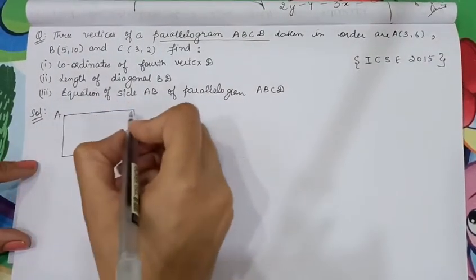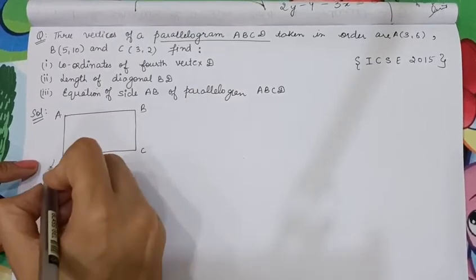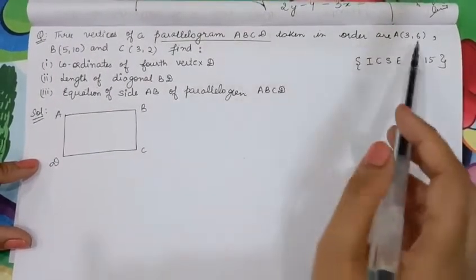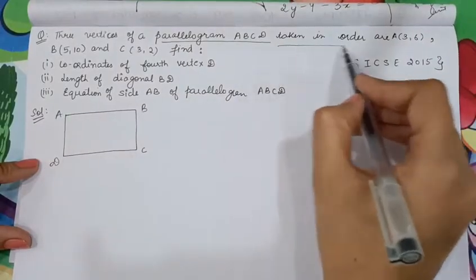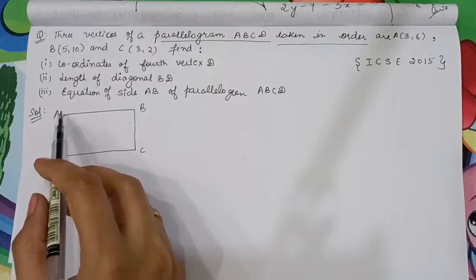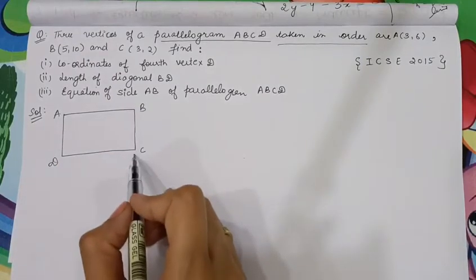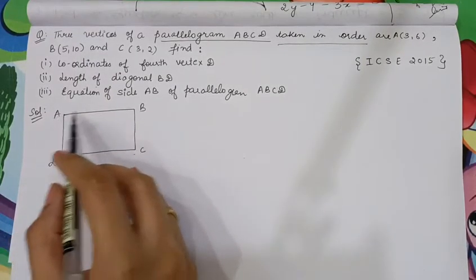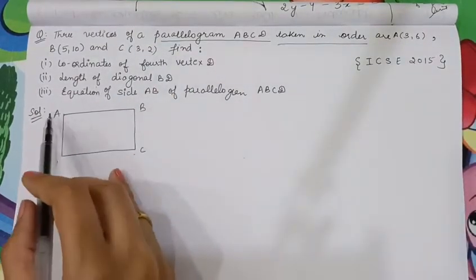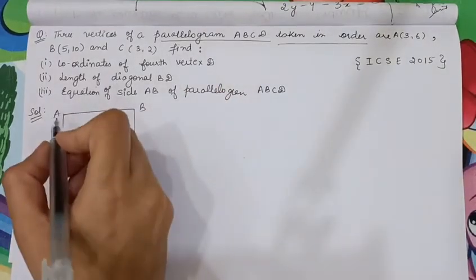I am drawing one parallelogram ABCD taken in order. Taken in order means in the same order I have to take. If here is point A, then after A, B should come this way. B should not come here or here. The order should be this only, ABCD.